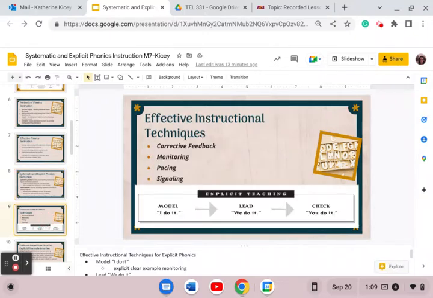So effective instructional techniques are corrective feedback, monitoring, pacing, and signaling. So these are all really important. Monitoring is not only observing within, but you would have those assessments. Pacing is so important. Am I going too fast? Am I going too slow?